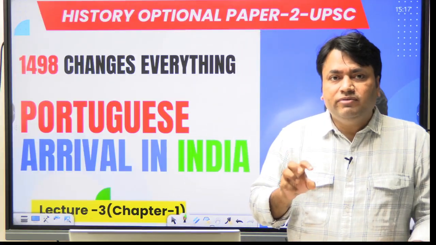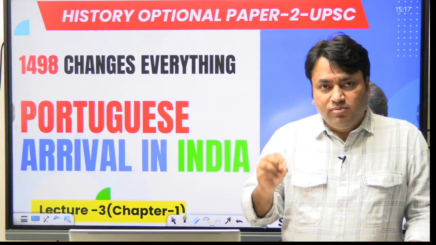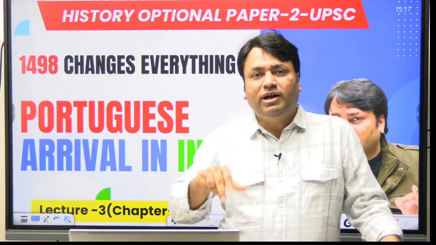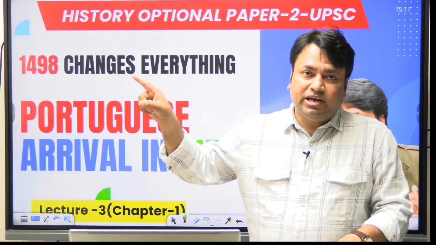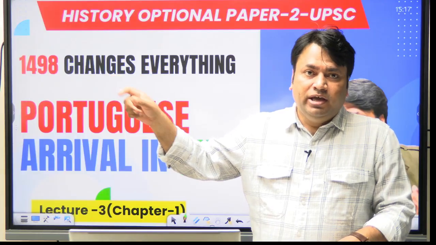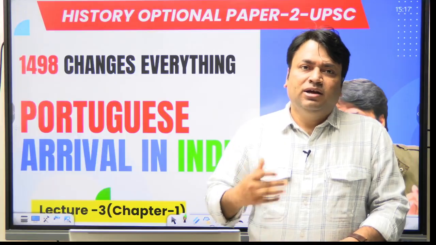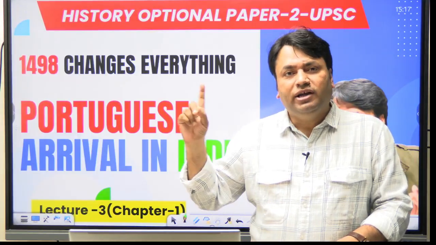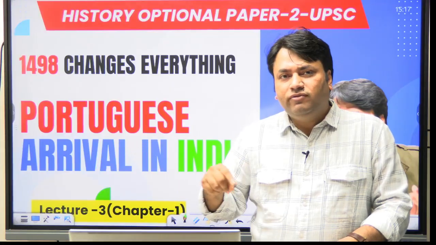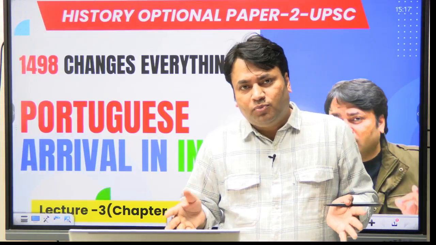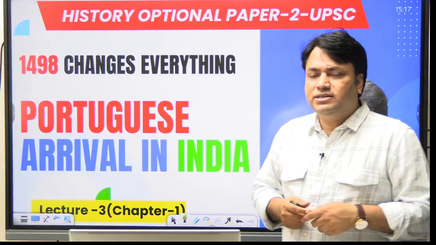So if you invest some more time here in modern Indian history, you will ultimately save some time in world history. If you do not read it in detail here, you will have to study the same in world history. UPSC follows a very different kind of approach, interlinkages.